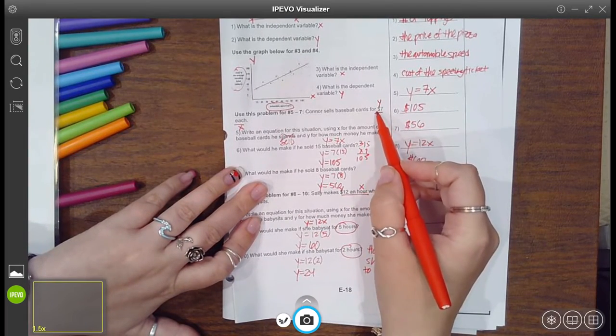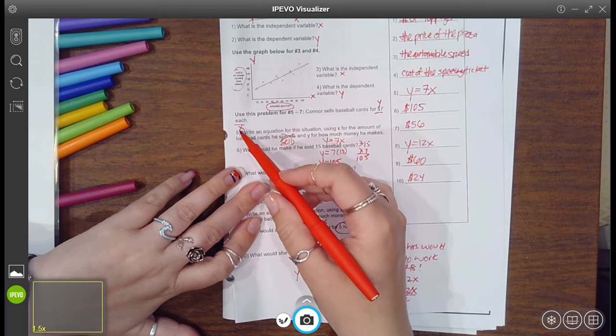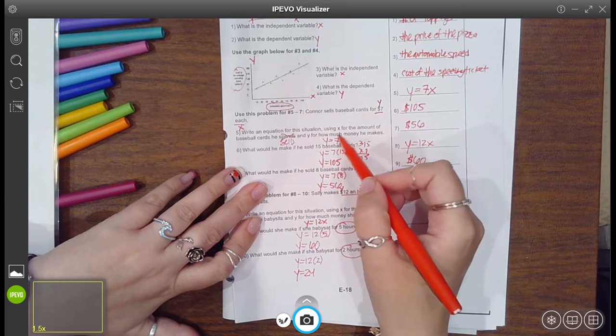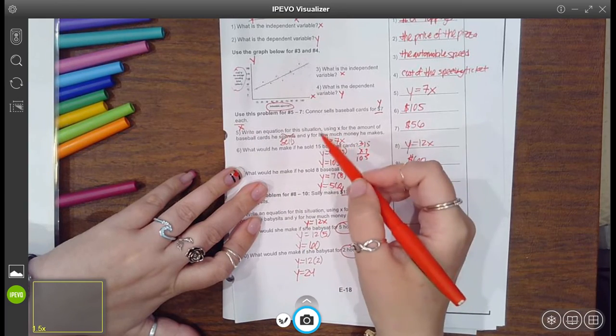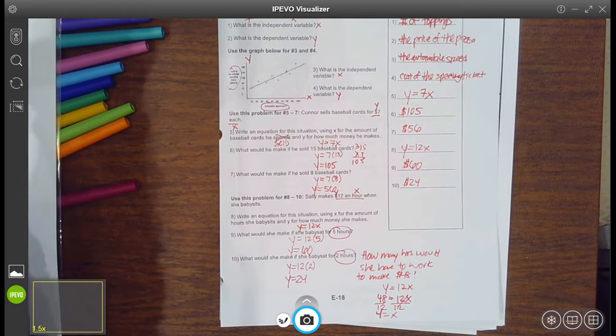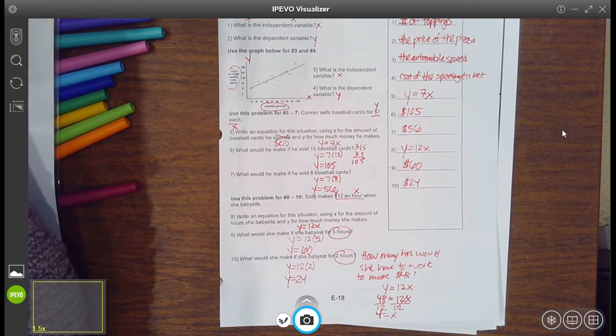So Y is the total amount of money, X is the number of cards, and 7 is your rate. 7 times the number of cards that you sell equals the total amount of money you make. All right, hopefully you did pretty well on this. If you did, you are ready to go.